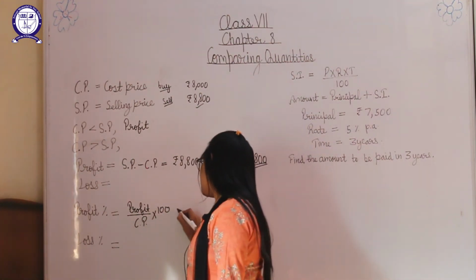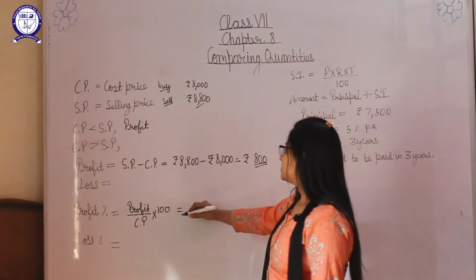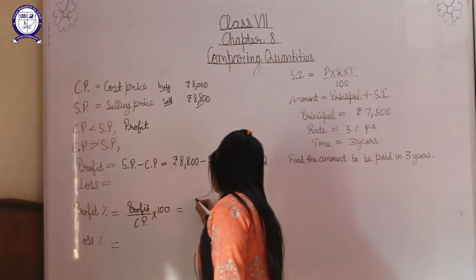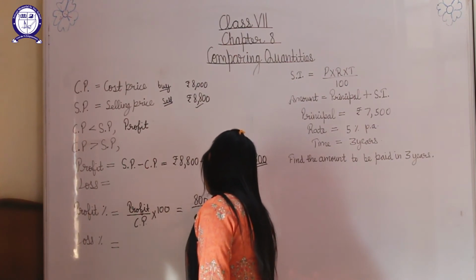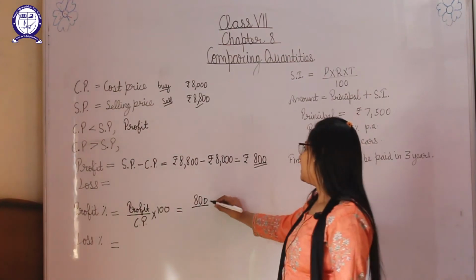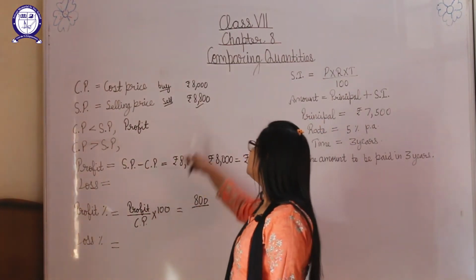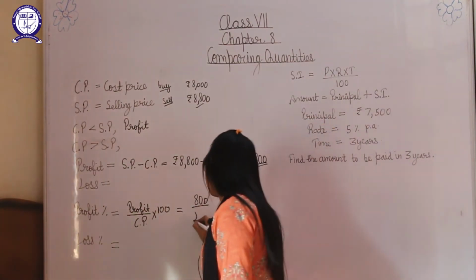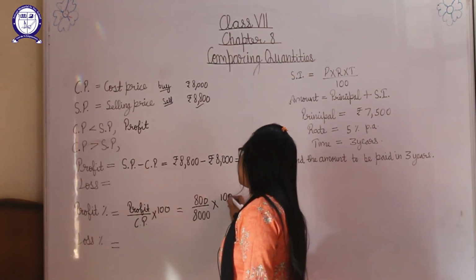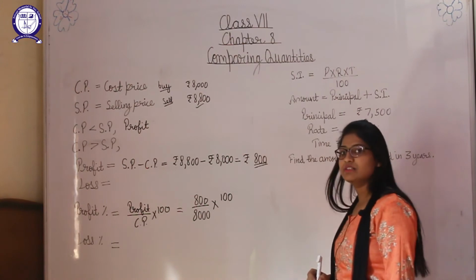So how will we solve this? What is the profit, students? Profit is rupees 800, so we will write here 800. Then what is the CP? CP is rupees 8000, so we will write here 8000, and we need to multiply with 100 to find our answer.